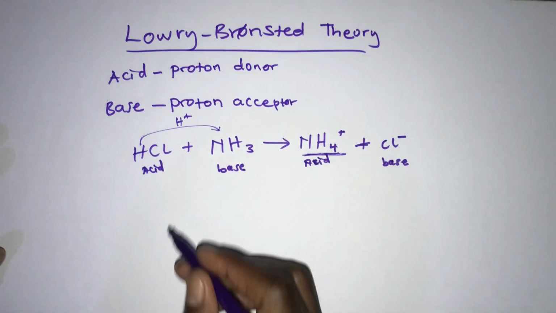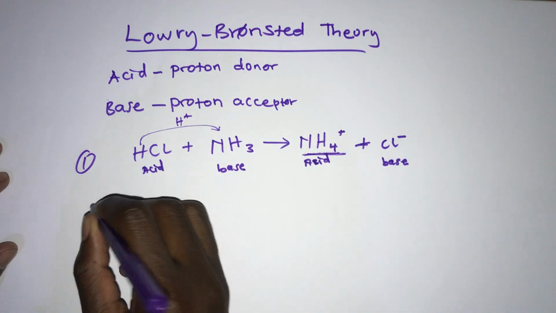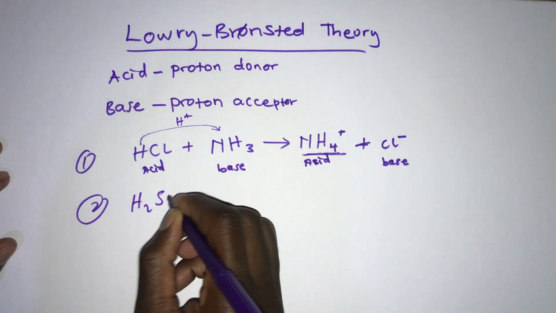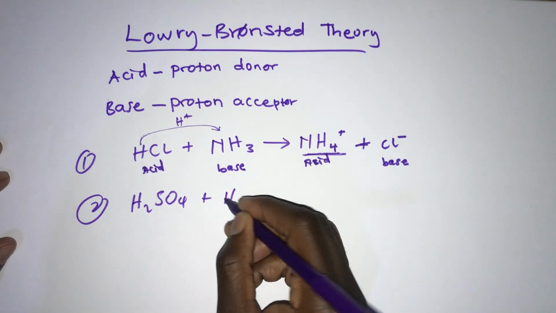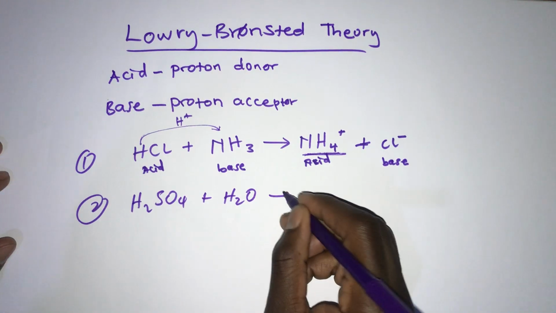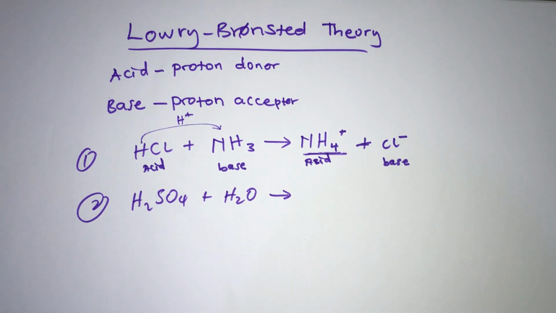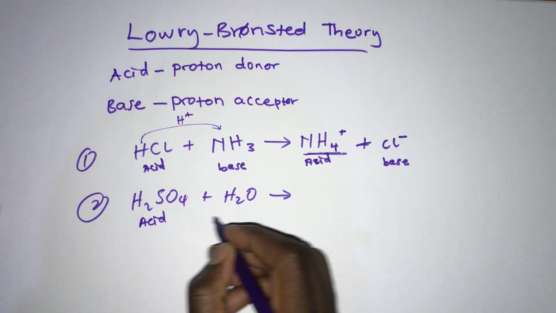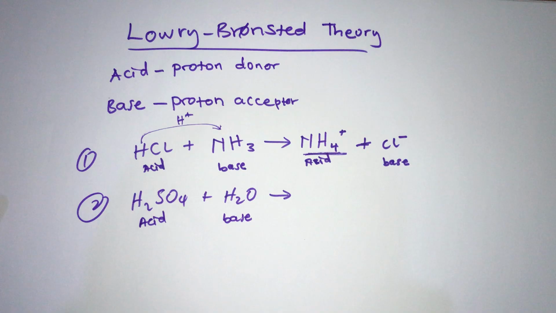So let's check another one. This one was number 1. Let's say we have number 2: H2SO4 plus H2O gives us... So let's check. Sulfuric acid is an acid, and it is a strong acid. Water acts as a base. So since water is acting as a base, this one is an acid and this one is a base.